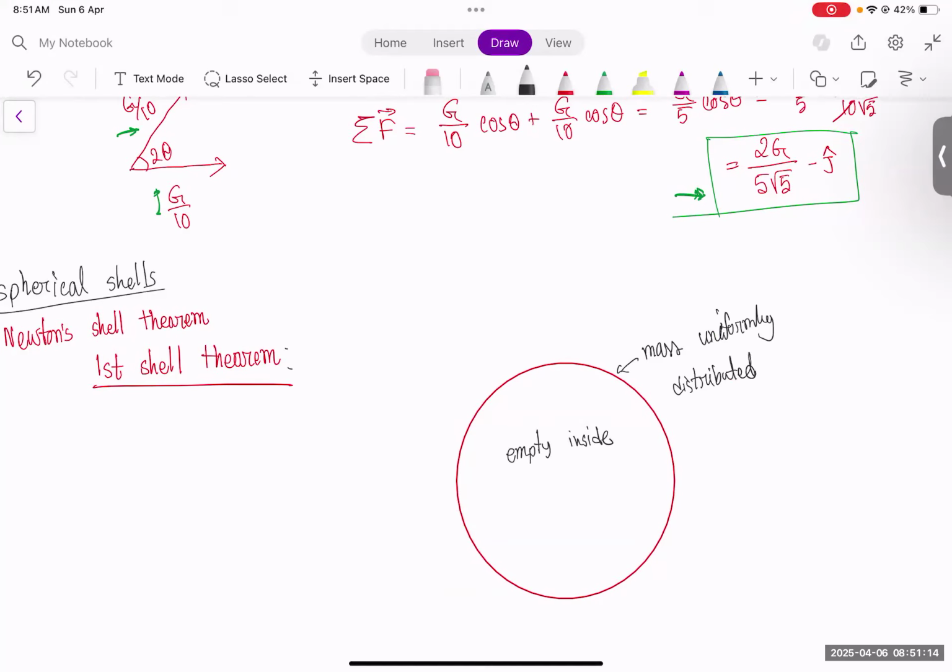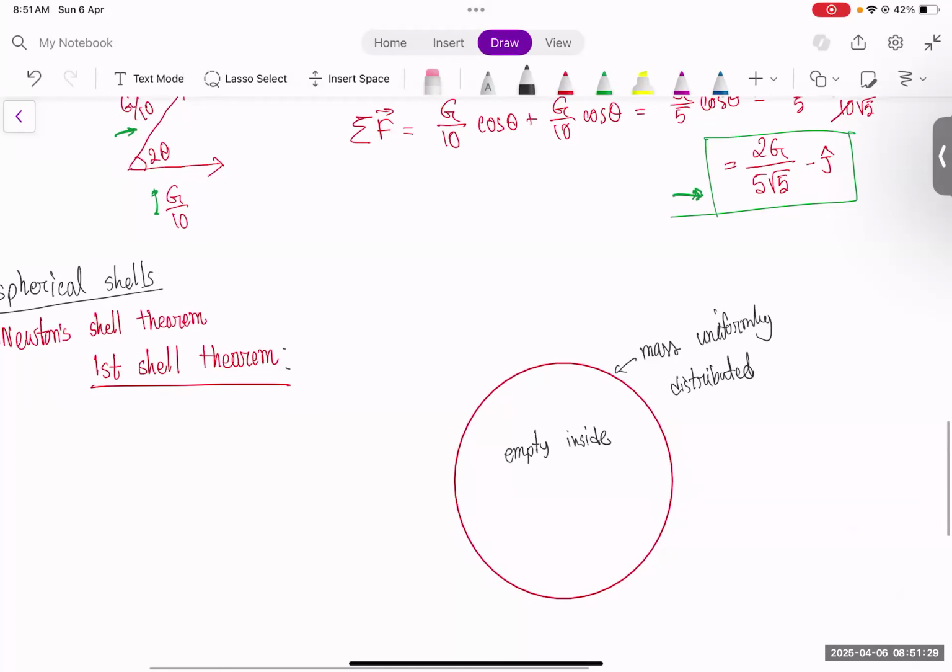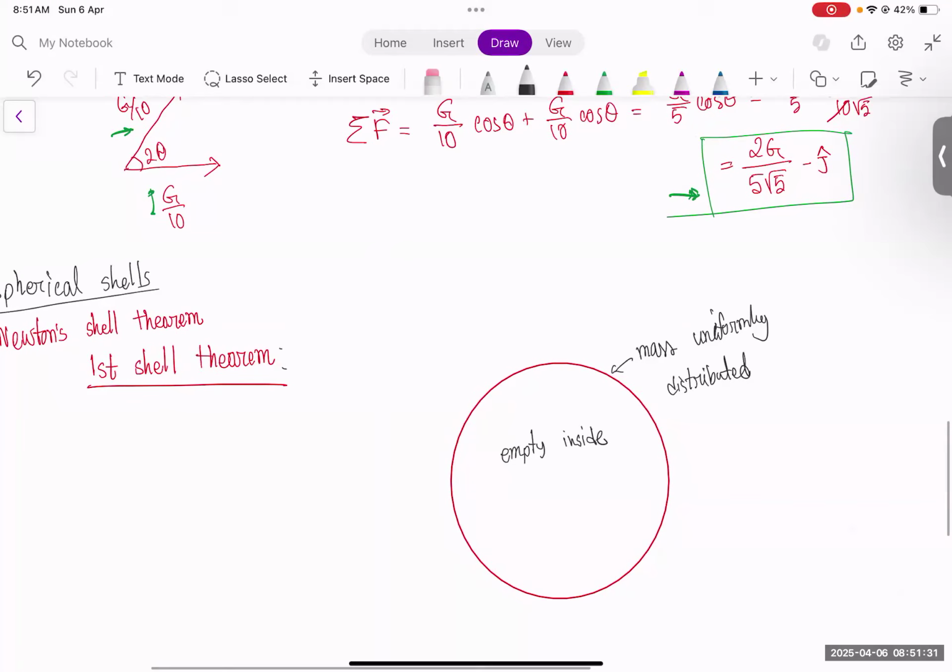So when I say shell, it's empty and mass is uniformly distributed along the outer surface আর কি. This is the only surface it has. ভেতরে ফাঁপা. So এই সারফেসের উপর যে mass সেটা uniformly distributed.